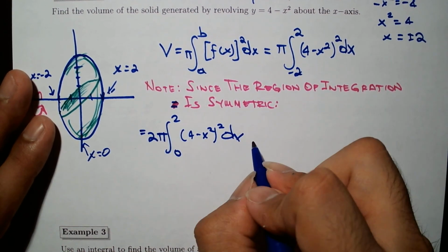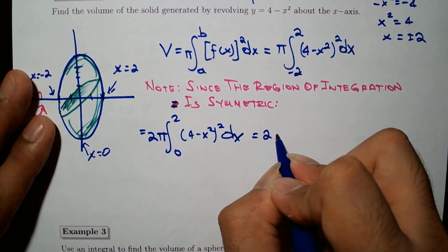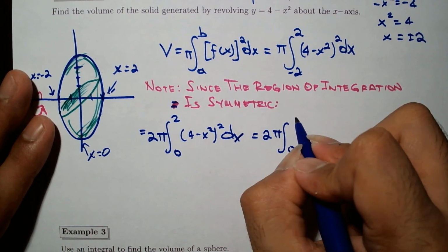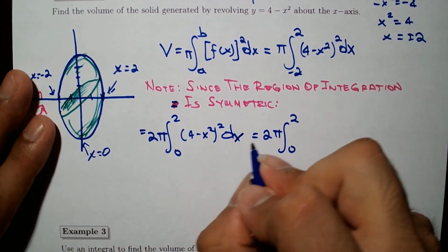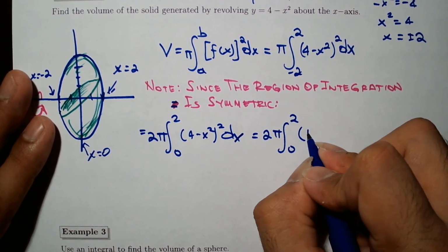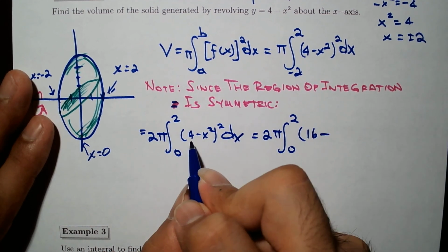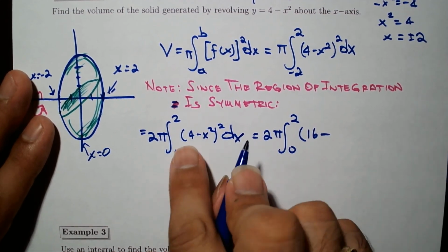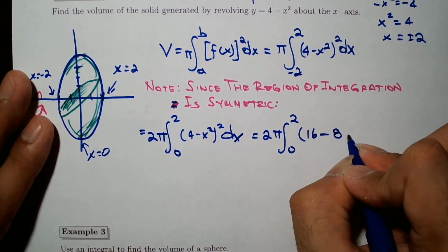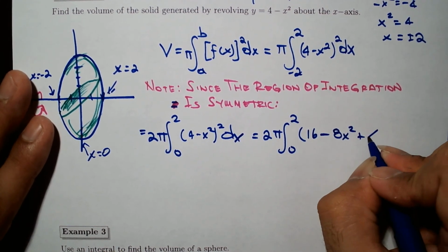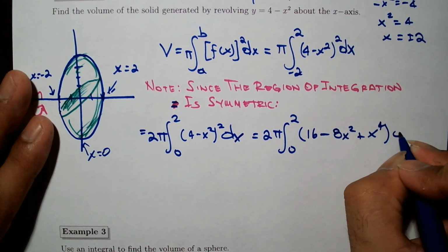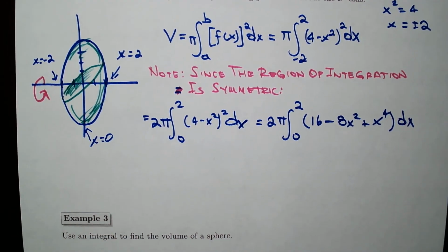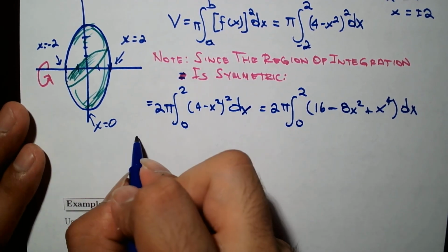Let's expand this binomial to pi times the integral from 0 to 2. This is going to be 4 squared, that's 16, minus twice the product of both, that's 8x squared, and then plus x to the fourth power dx. So all we do now is integrate this function.